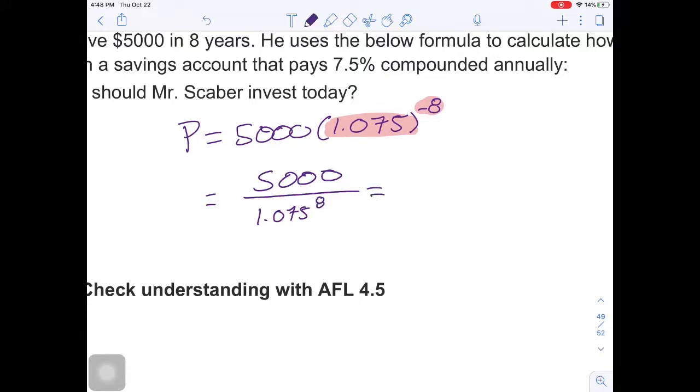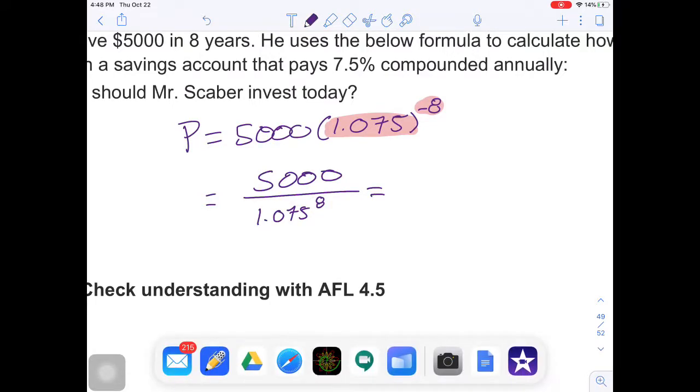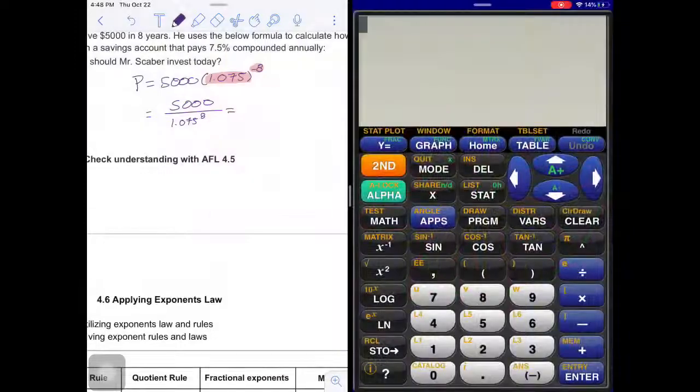So here I can plug this into my calculator. 5,000 dividing 1.075 to the power of positive 8.